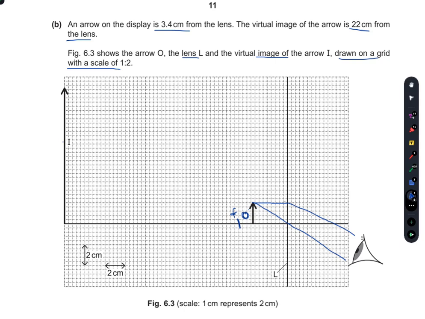And these rays will converge at this point, so that a highly magnified, multiple times magnified image is formed here.